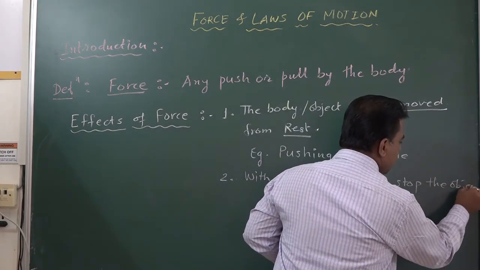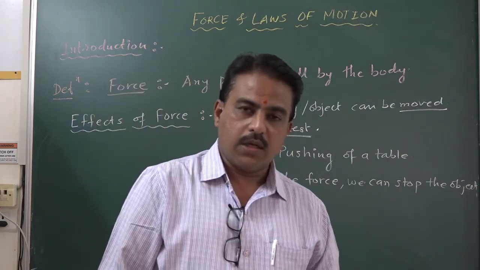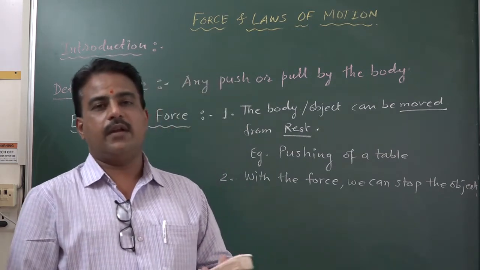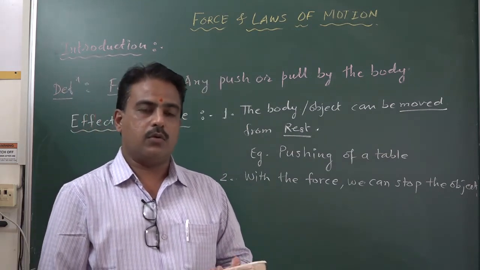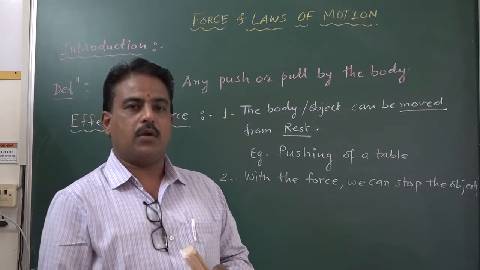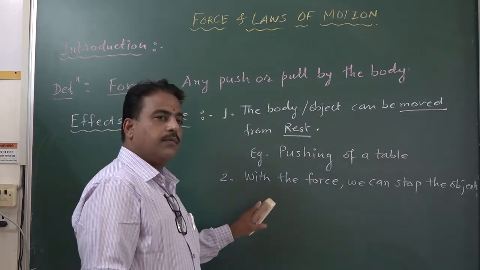Sometimes the object which is already in motion, we can stop. Suppose you are playing football and your friend kicks the football towards you, what you used to do, you stop that particular football. In order to stop that football, you actually stop it by application of the force.